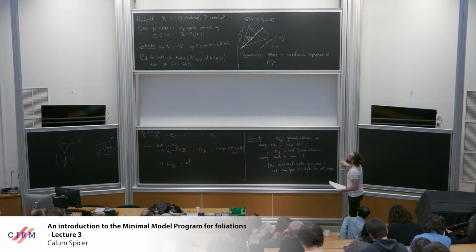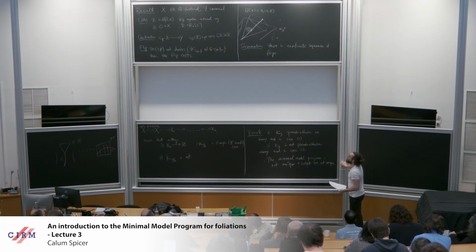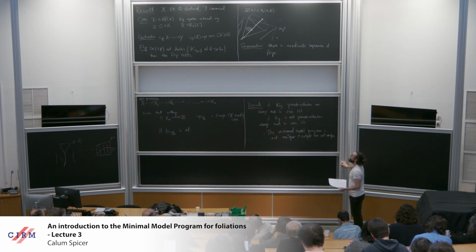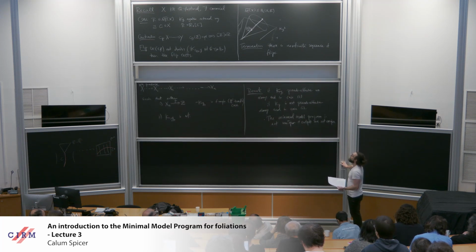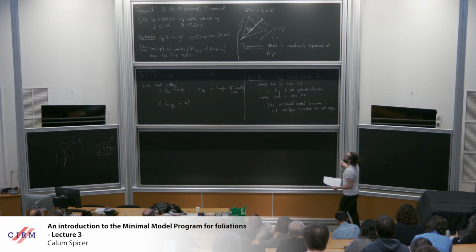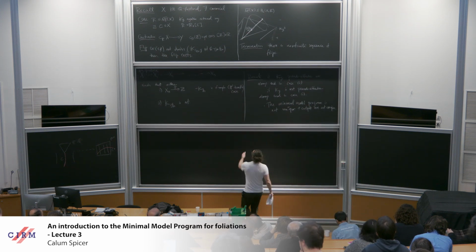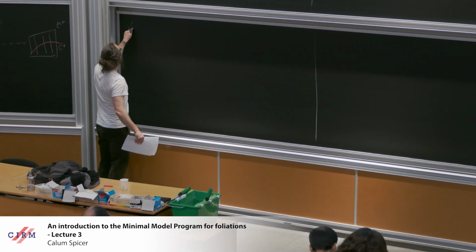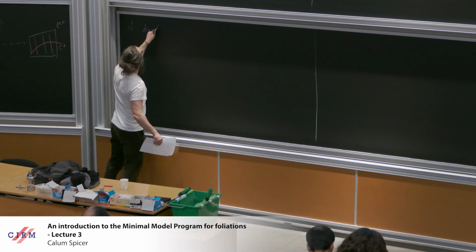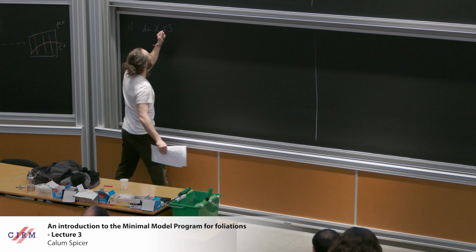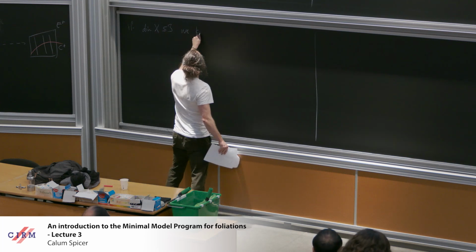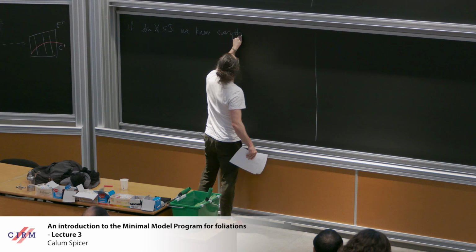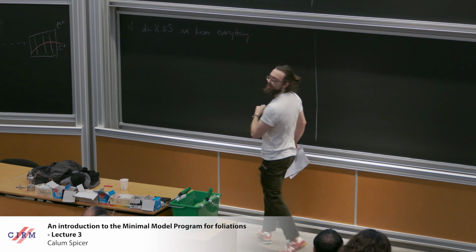So where I ended last time was just stating some of the cases where we knew these results. If the dimension of X is less than 3, we know everything. So all four of these conjectures have a positive answer.